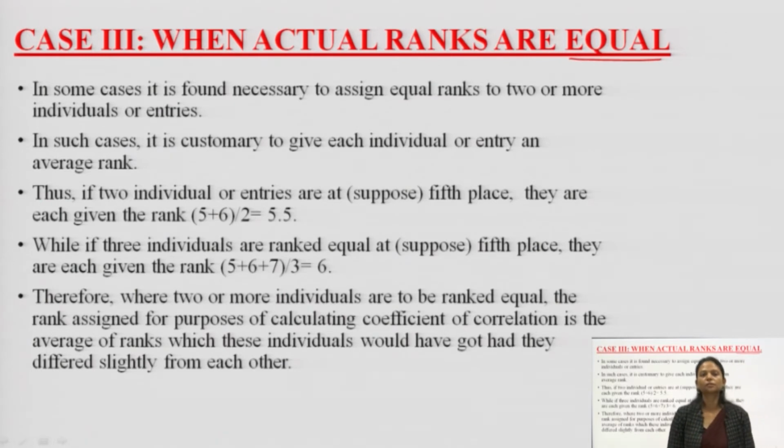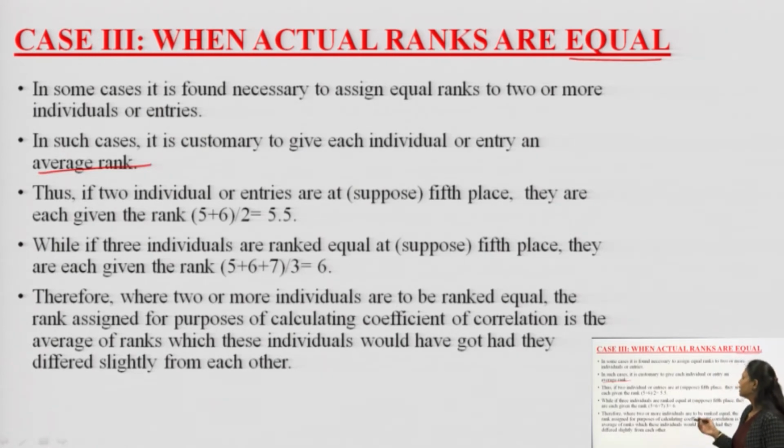In some cases, it is found necessary to assign equal ranks to two or more individuals or entries. In such cases, it is compulsory to give each entry or each individual an average rank. What does that average rank mean? Thus, if two individuals or entries have equal rank at the 5th place, their equal ranks are given at the 5th place.